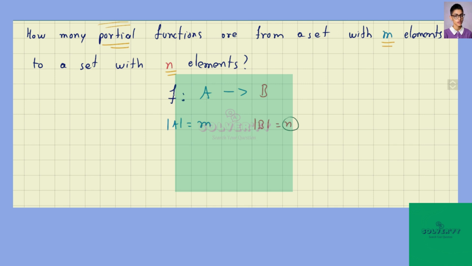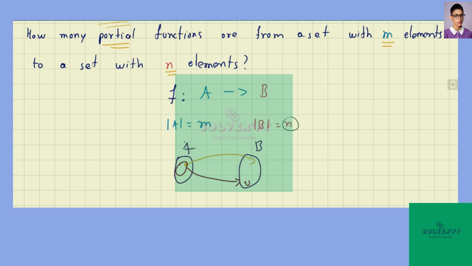So the point is that a partial function from A to B can take, so here you have your set A, it's going to be your definition domain, and here you have your set B. So you can map one element here in A to one element in B, or to an element that is called undefined, okay, because it's not part of a subset of A that is going to be part of the partial function, okay?